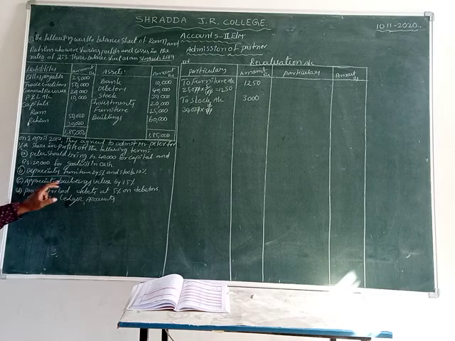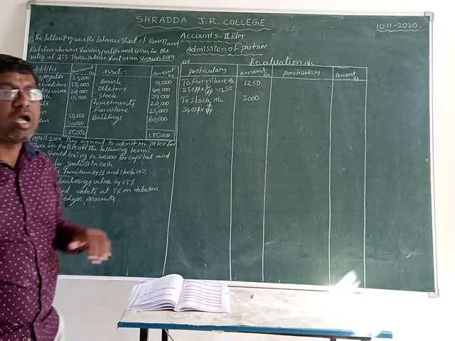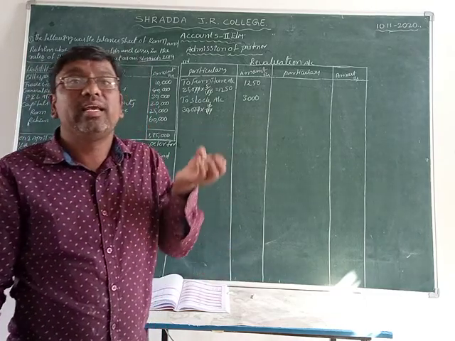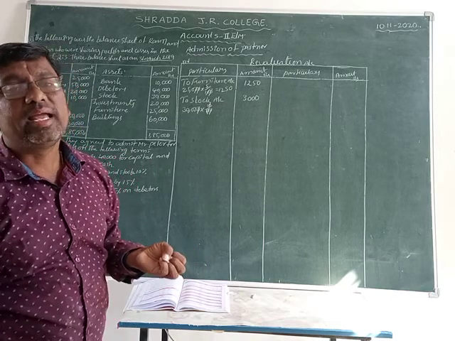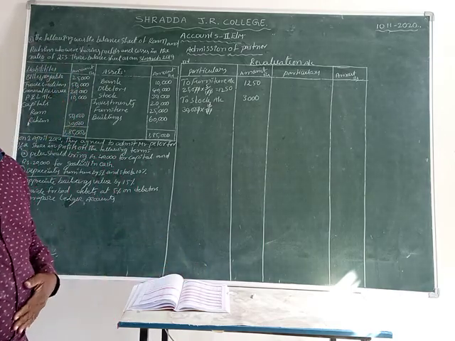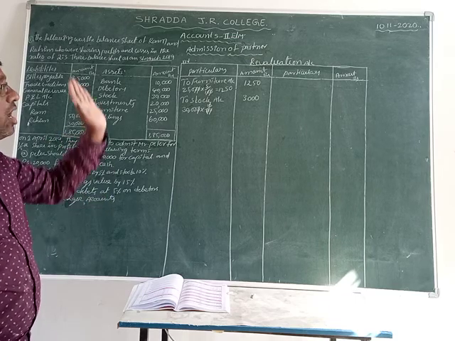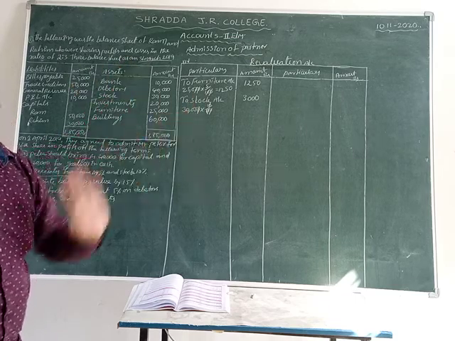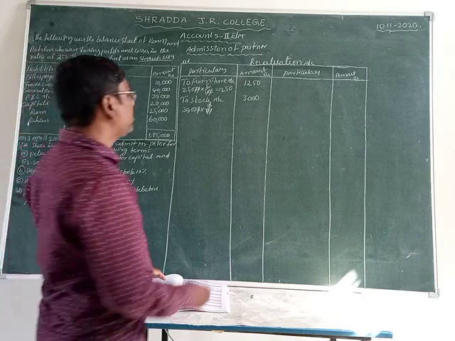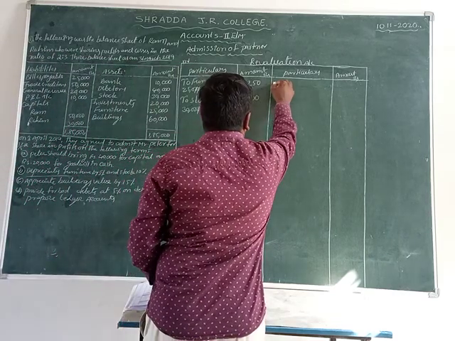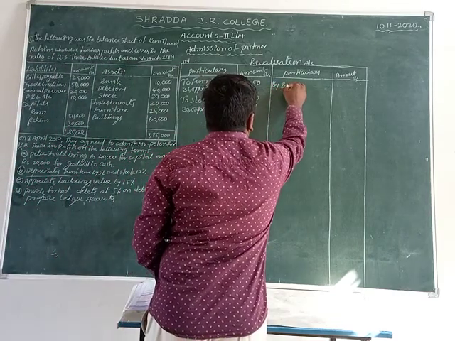See, appreciate buildings value 15%. Appreciate means what? Increasing. Appreciate means increasing the building's value. So the asset value is increasing, and we record it on the credit side of the revaluation account. Let us write by buildings account.